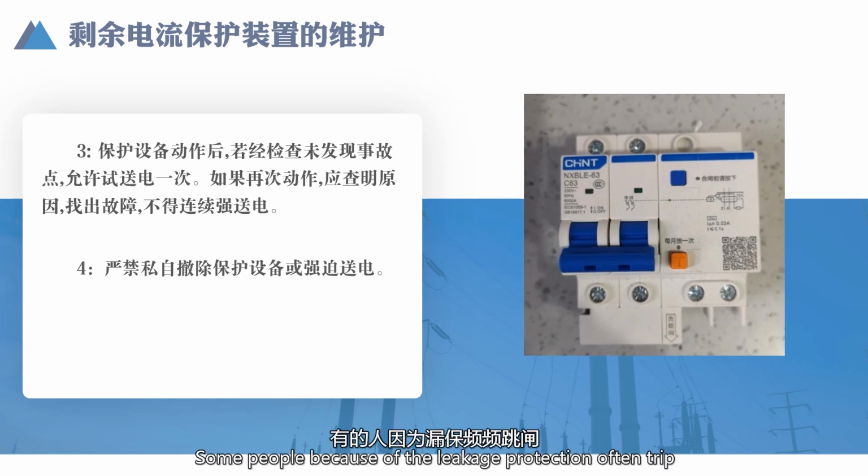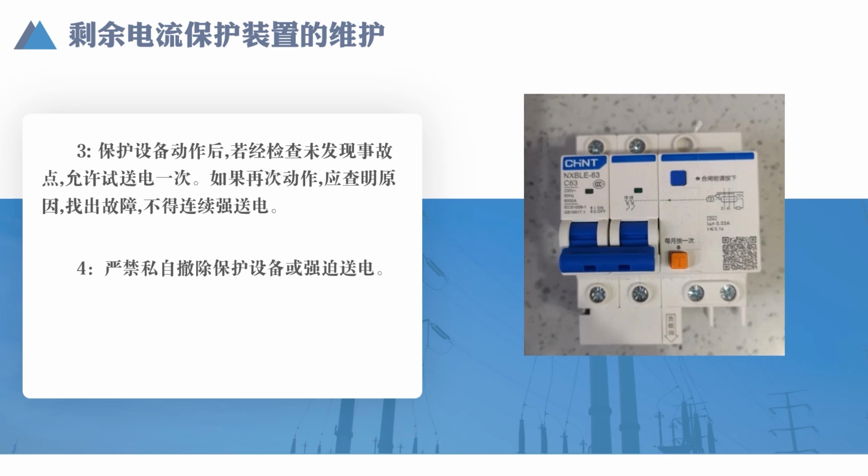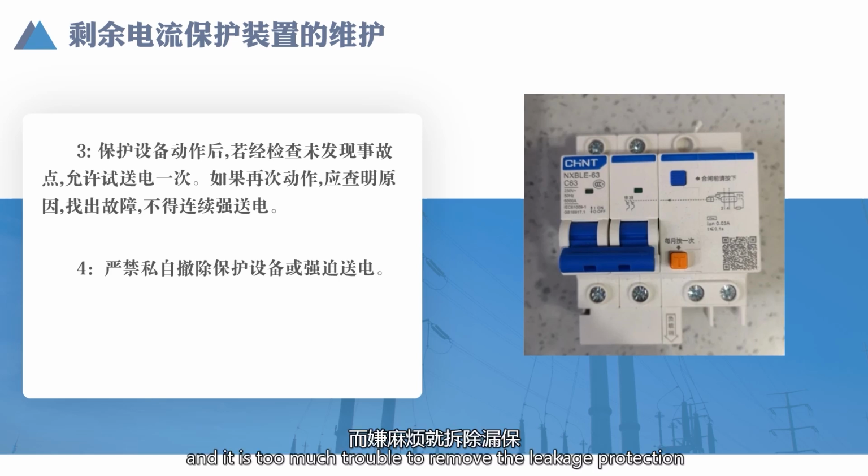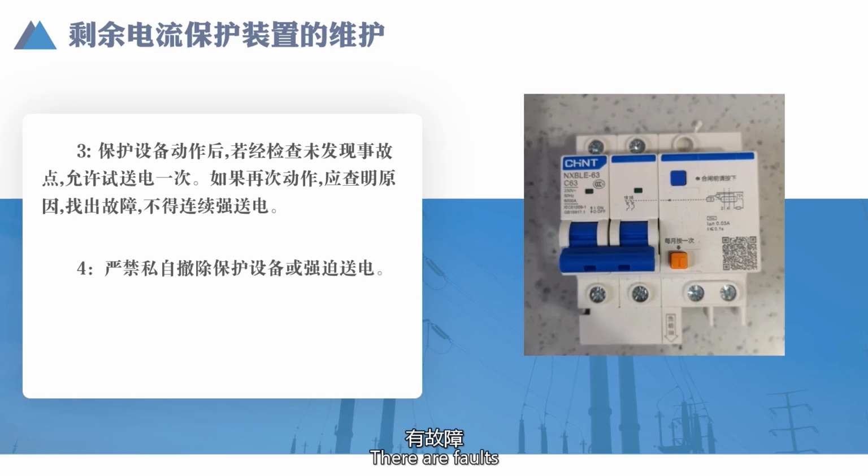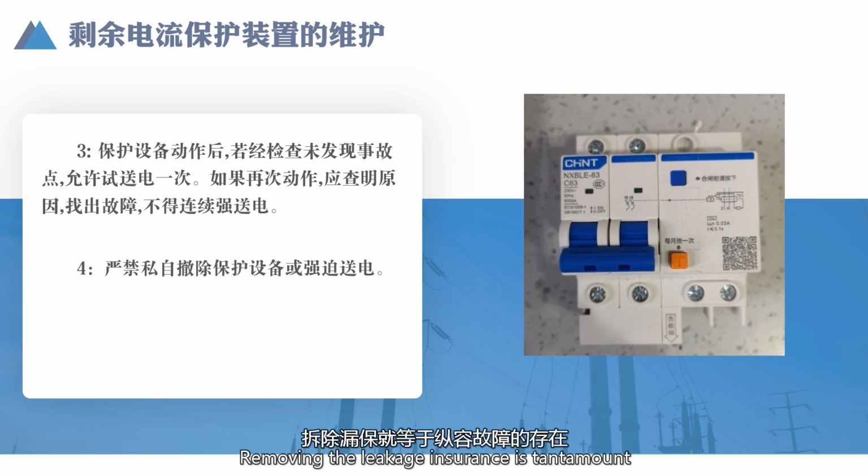Some people, because the leakage protection often trips, find it too much trouble and remove the leakage protection. They do not realize that the leakage insurance frequently tripping is because the circuit has problems. There are faults. Hidden danger should be eliminated as soon as possible. Removing the leakage insurance is tantamount to condoning the existence of faults, for the accident hidden buried.